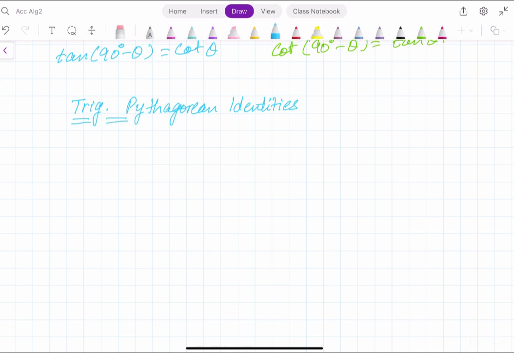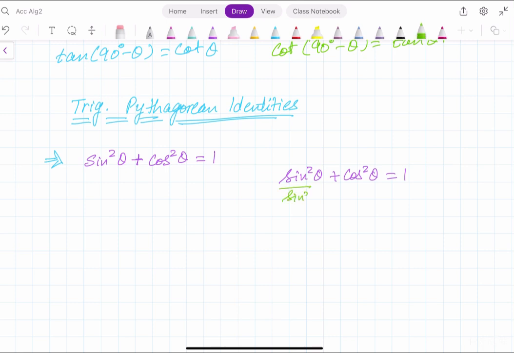So in the trig identities, the Pythagorean theorem that you need to memorize, and it's very, very important moving forward, is that sine squared theta plus cos squared theta will give you 1. Now there are many extensions that we can derive from this Pythagorean identity.